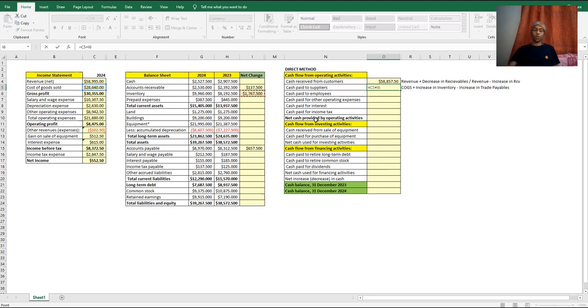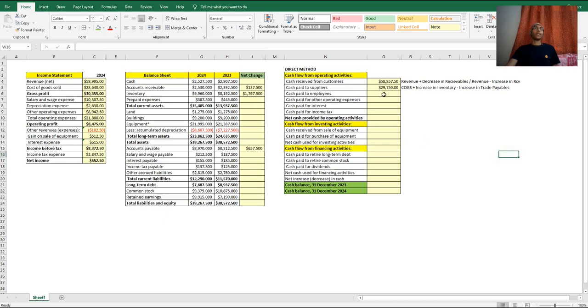Because payables has also increased, we decrease that increase in payable amount, because that is basically the cash which has not gone out, which is shown by the figure of COGS plus increase in inventory. That is a figure which basically does not consider the increase in payables. So we reduce it by the increase in payables also.